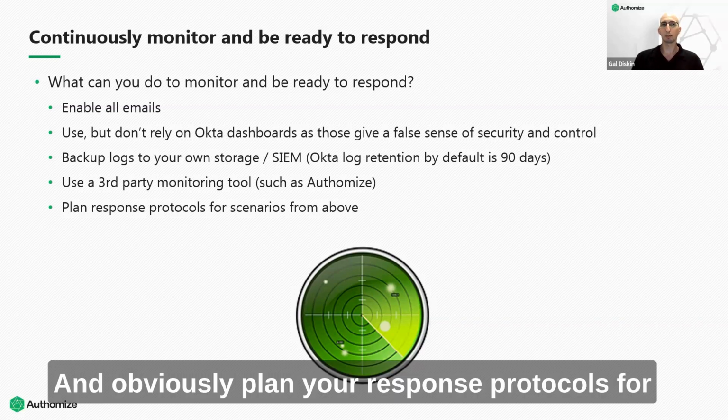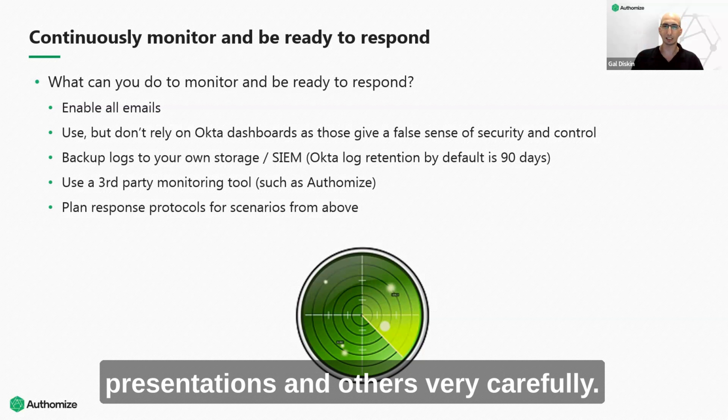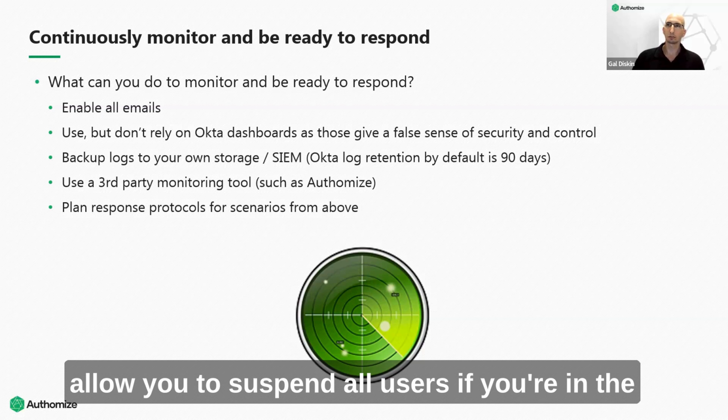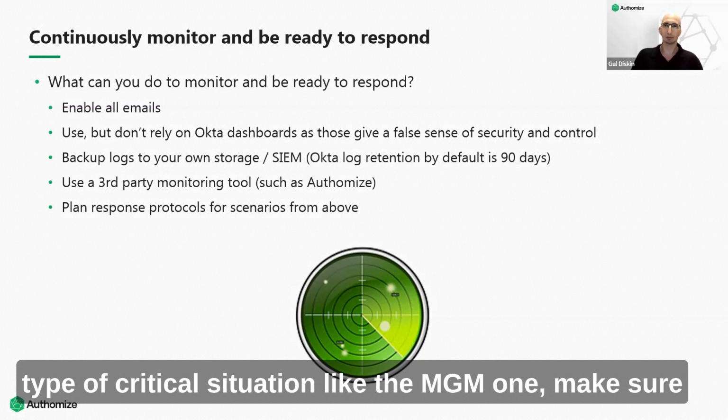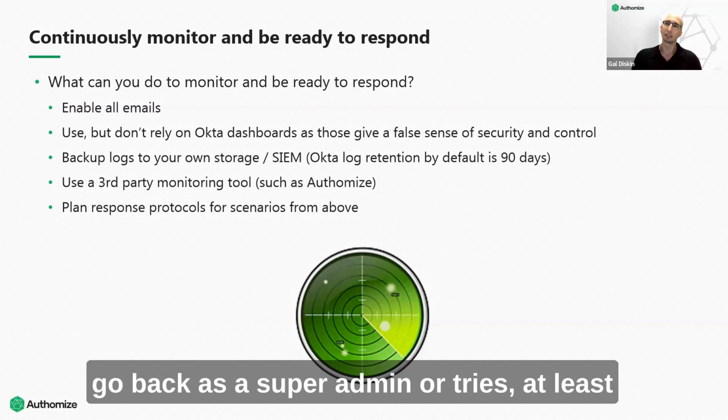And obviously, plan your response protocols for the scenarios from above, all of these presentation and others, very carefully. Make sure, for example, that you have scripts that can allow you to suspend all users if you're in a critical situation like the MGM one. Make sure that you have a break-glass account that allows you to go back as a super admin, or tries at least.